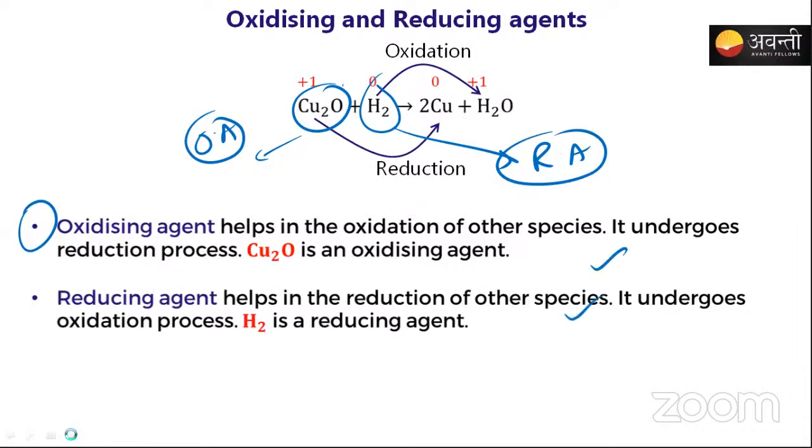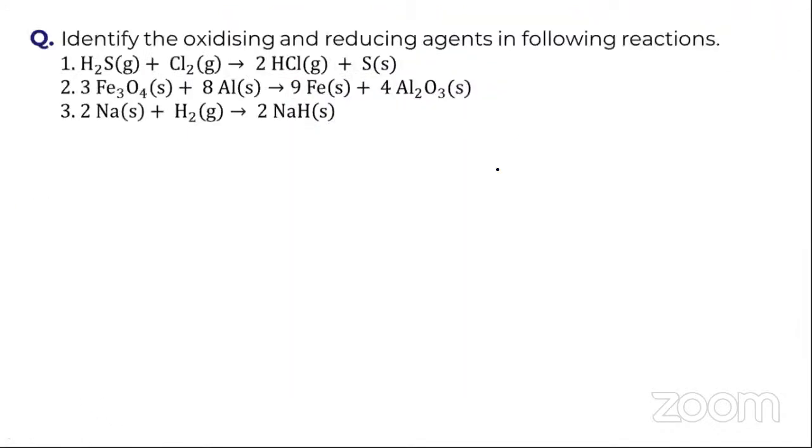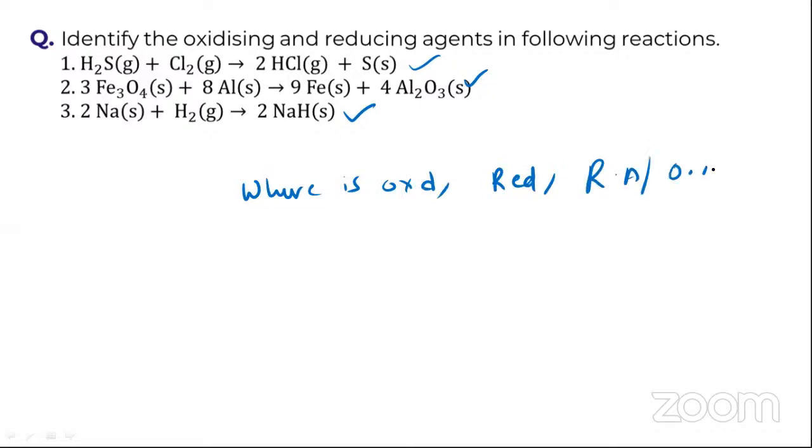So let me test you with the concept test today. Among these three reactions, we want to know where oxidation is happening, where reduction is happening, where oxidation is taking place, where reduction takes place, what is the reducing agent, what is the oxidizing agent.